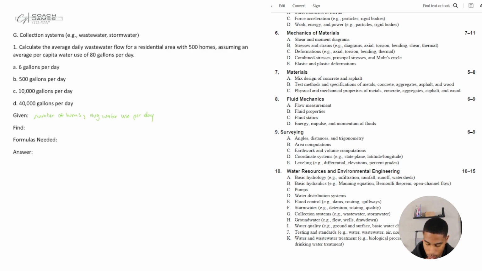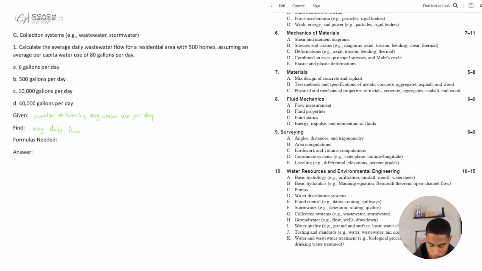Okay, so what are we trying to find out of all this stuff? It says calculate the average daily flow. What will flow need to be in? Well, we'll need to get it in gallons per day. That's what our answer is in. So I know that the average daily flow needs to be in gallons per day.